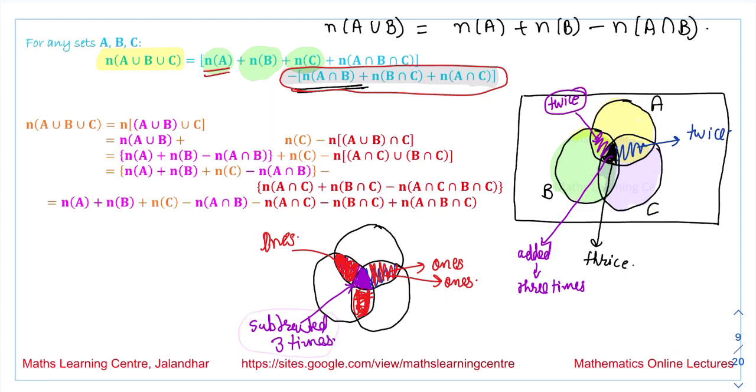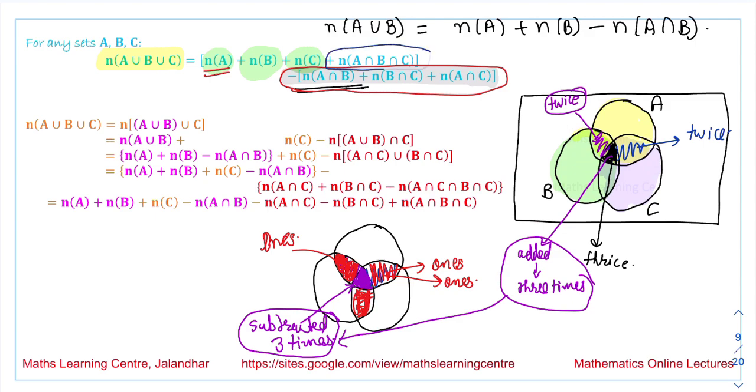So looking at these two conditions, earlier it was added 3 times, now it is subtracted 3 times. It means this portion is not being calculated. So to adjust this value, we have added the number of elements of A intersection B intersection C. So this is the visualization of how this formula is derived.